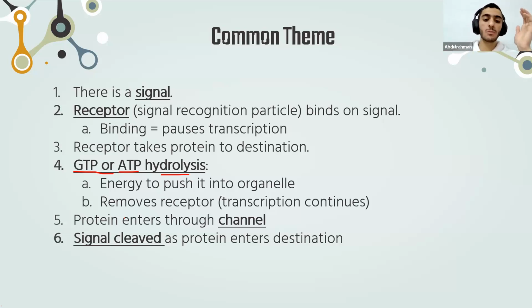And since you remove the receptor, if it was the endoplasmic reticulum, you can continue the translation. The protein enters into the cell by the push of energy through a channel. And once it's inside the channel, you don't need the signal anymore. So you cut the signal off and you got your protein in its destination. I hope this is clear.